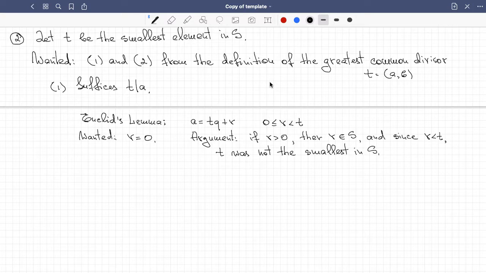All right, how do we do that? We write R is anyway A minus TQ from here.